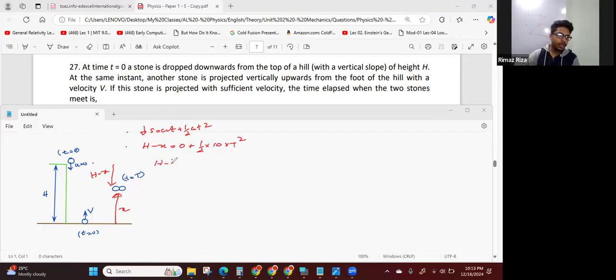So h minus x equals 5t square. This is equation number 1. For the other particle, we apply vertically upward S equals ut plus half at square. So S will be x equals vt minus 5t squared. This is equation number 2. I want to get rid of x, so I can substitute it here. So by 1 and 2.